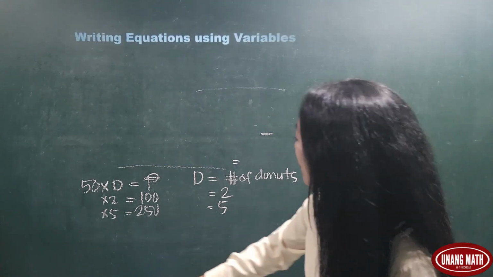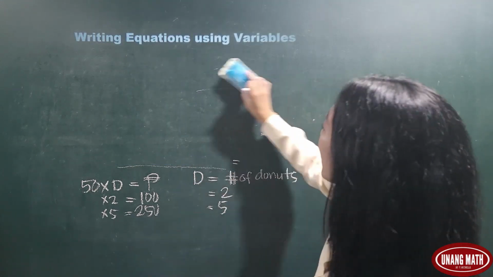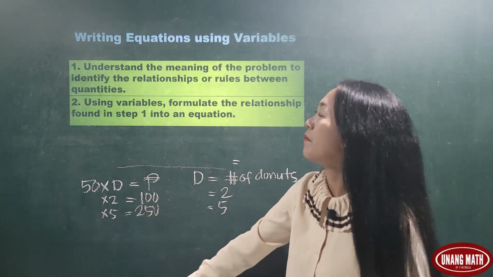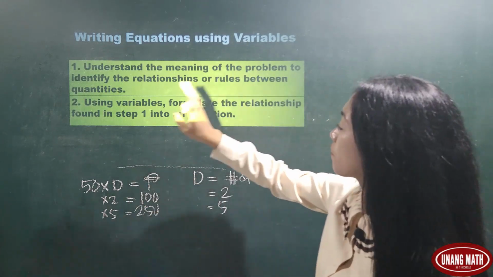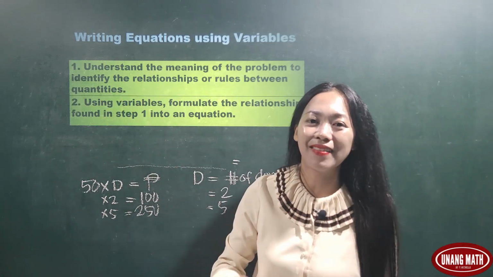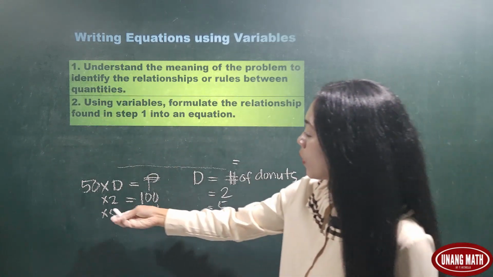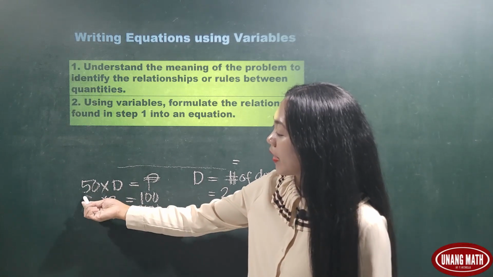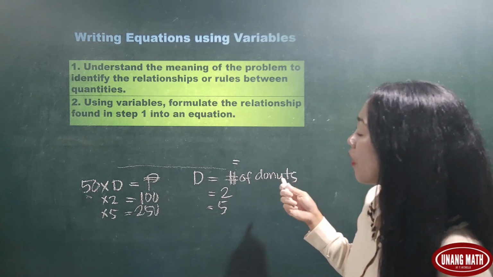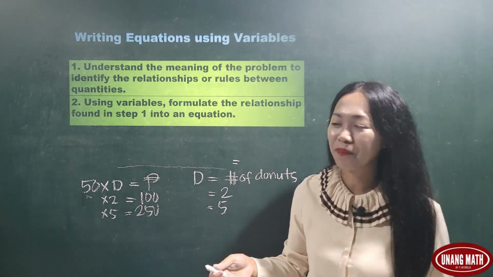So how are we going to write equations using variables? First, we have to understand the meaning of the problem to identify the relationships or rules between quantities. In our example, we know that one piece of donut is 50 pesos. The unknown quantity is the number of donuts we want to get.